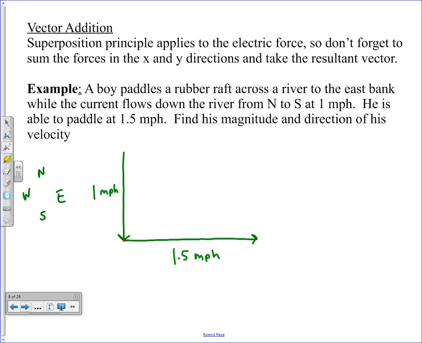I've added my vectors head to tail, and the resultant goes from the tail of the first vector to the head of the last vector. There's my resultant. I need to find two things in order to define my resultant: the length of the vector, and the angle as measured from 0 degrees. So I'll use the Pythagorean theorem to find r.